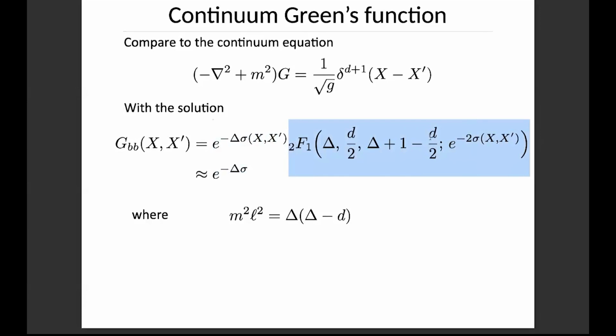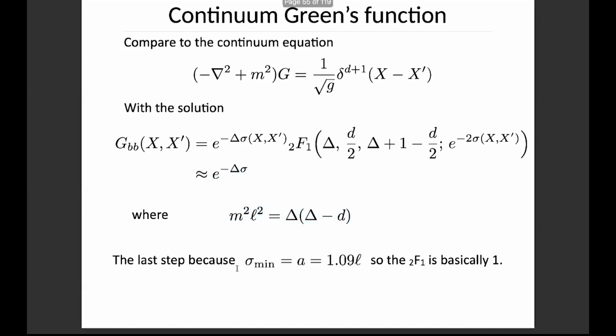It takes in 4 parameters like this. But basically, all you need to know is that the bulk Green's function is essentially this first exponential factor for all the values that we care about for delta, where delta is related to the mass of the particle or object we're going to study by this formula here.